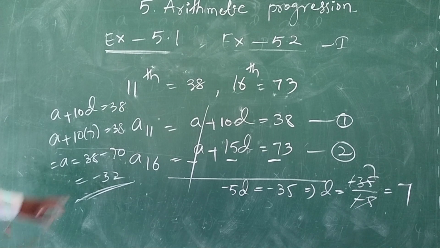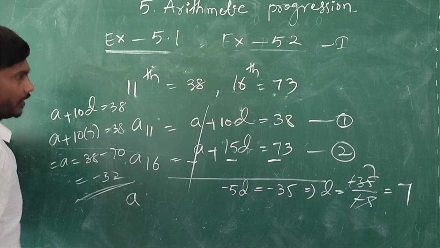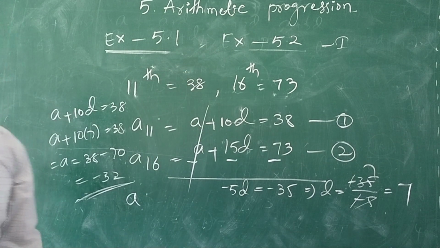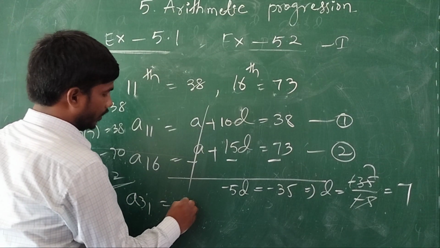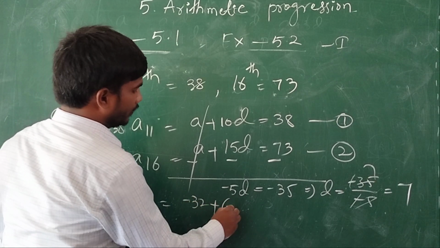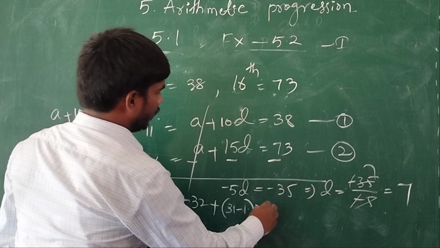Here we got the a value and d value. Which term is asked? The 31st term. a31 is equal to minus 32 plus (31 minus 1) into the d value 7.